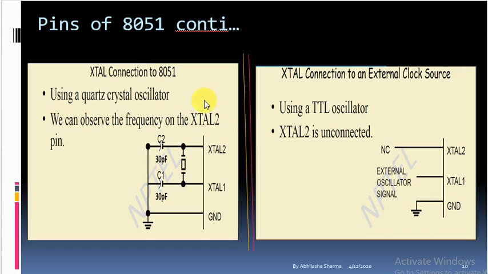So there are two ways of connecting the oscillator with the 8051. Either we use the first one, where both pins are used, or this one, where only the XTAL1 pin is used and XTAL2 is not connected.